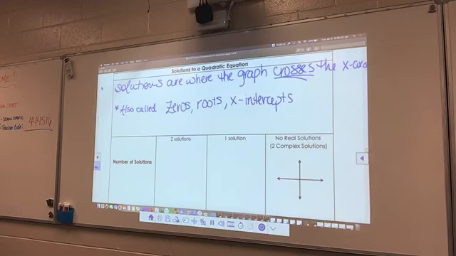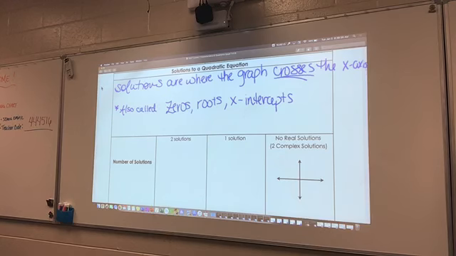I just posed it to you as the x-intercepts, and I asked what the y-coordinates would be. Those would be 0, but then we have an x-coordinate value for those. So zeros, roots, x-intercepts, all the same thing when I'm looking at a quadratic. Where that function crosses the x-axis. That's what we're going to be finding.